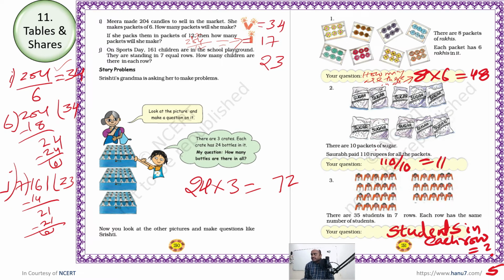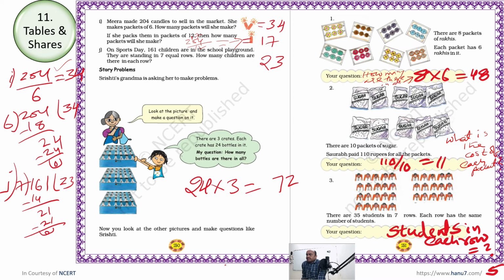There are 10 packets of sugar. You can see 2 here and 3 plus 5 again. Surabhi paid 110 rupees for all the packets. So the question will be, what is the cost of each packet?